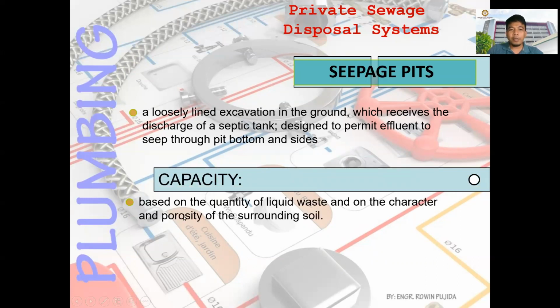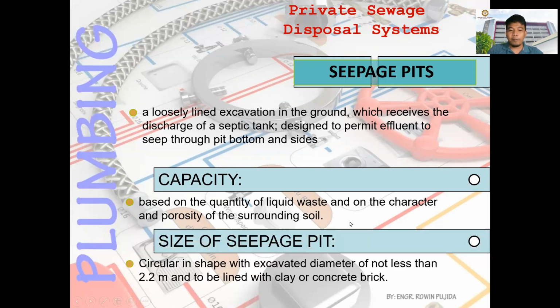So for the capacity, based on the quantity of liquid waste and on the character and porosity of the surrounding soil. So for the size of the seepage pit, circular in shape, maybe you can also have rectangular or square, but it should be not less than 2.2 meters in the dimension or in diameter. Okay.